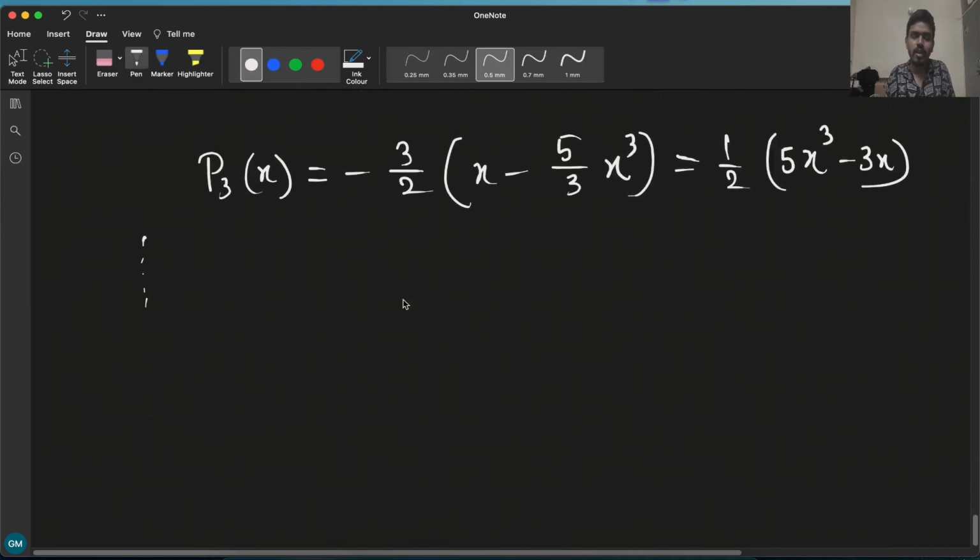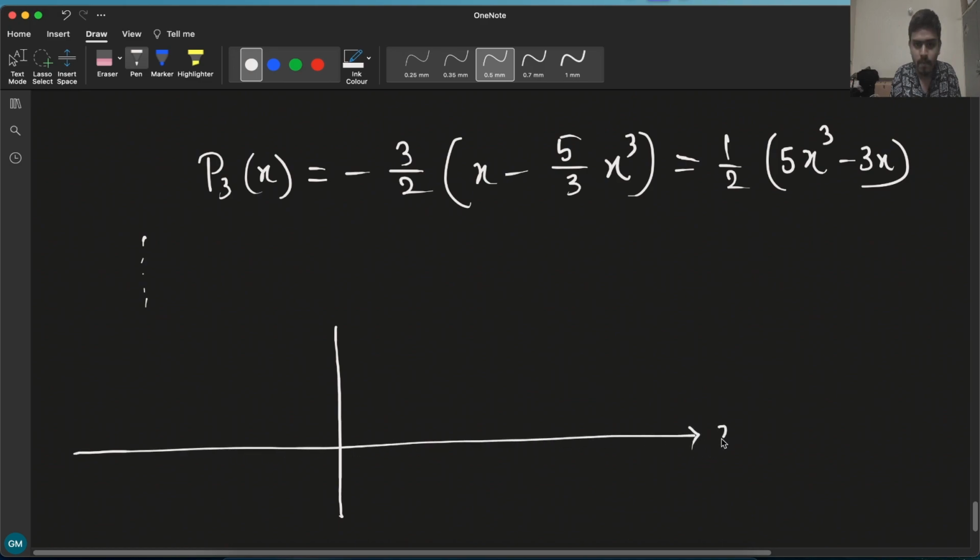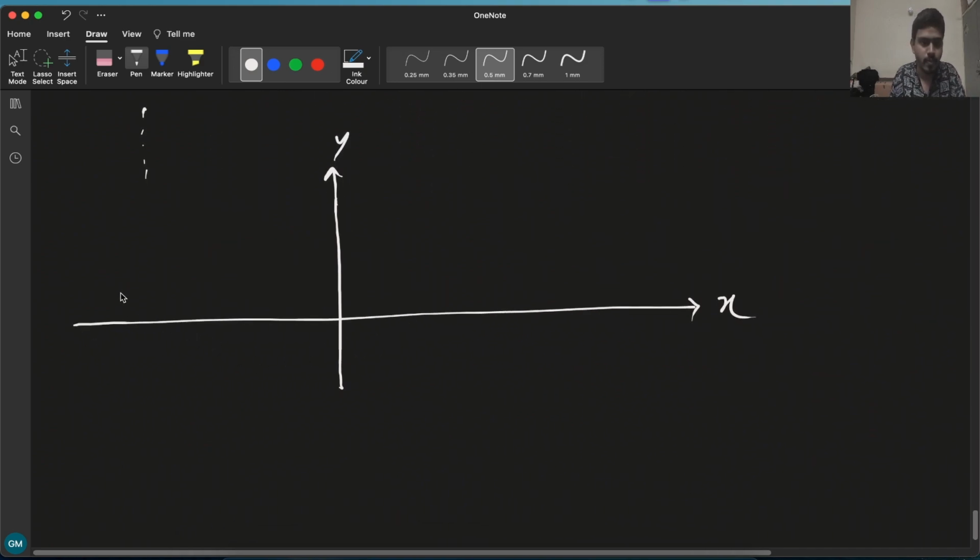Okay, so now let's talk about the first kind of Legendre functions, or Legendre polynomials. These are polynomials, not infinite series or power series anymore. So let me plot them. This is the x-axis, this is the y-axis. This is x equals 1, x equals minus 1.